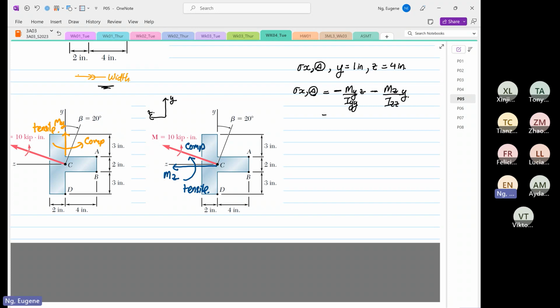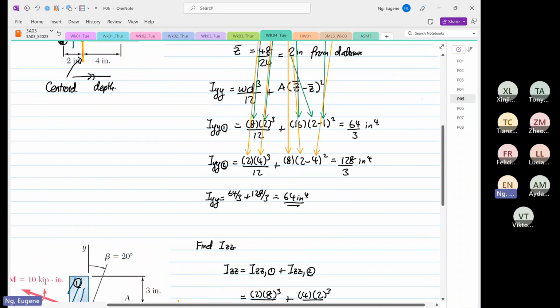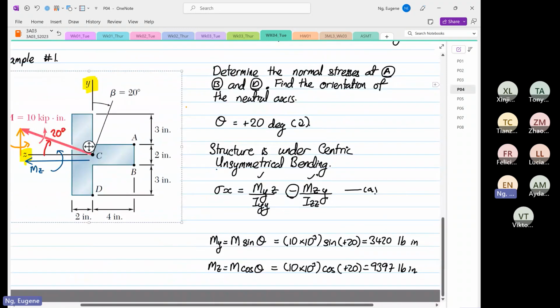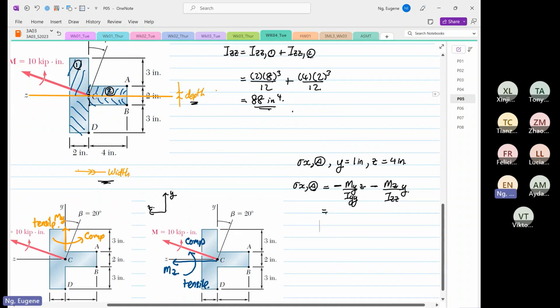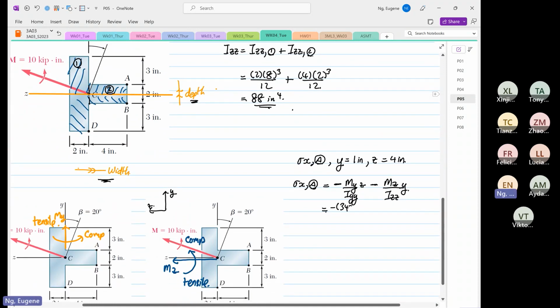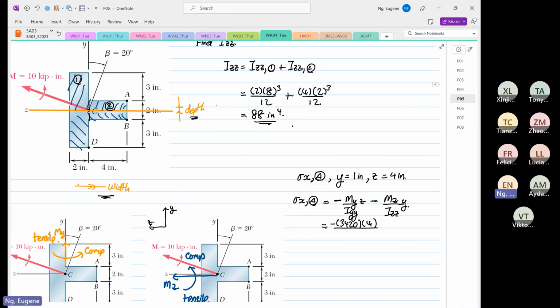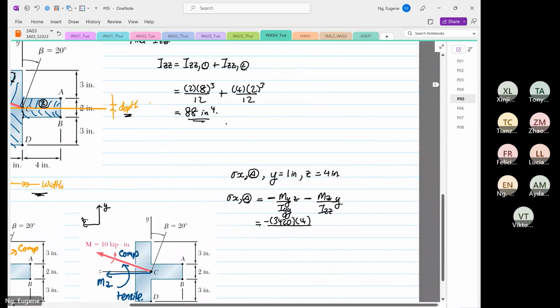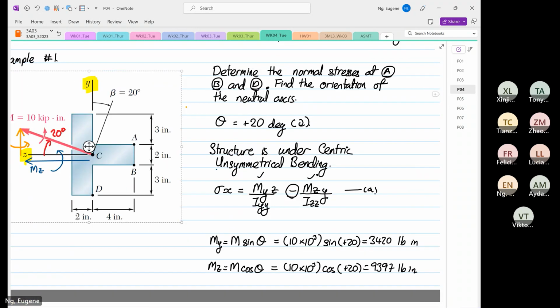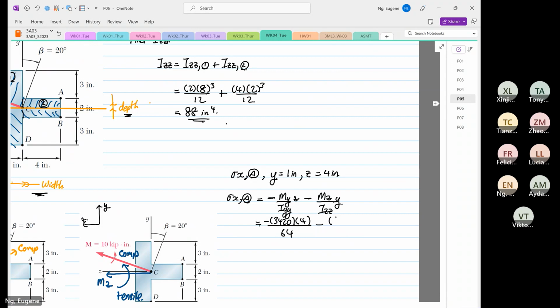So this is equal to My. We calculated My is 3420. So 3420 multiplied by Z, which is 4, divided by Iyy. So Iyy is 64, minus Mz. Mz is 9397. Then multiply by 1 divided by Izz, which is 88.